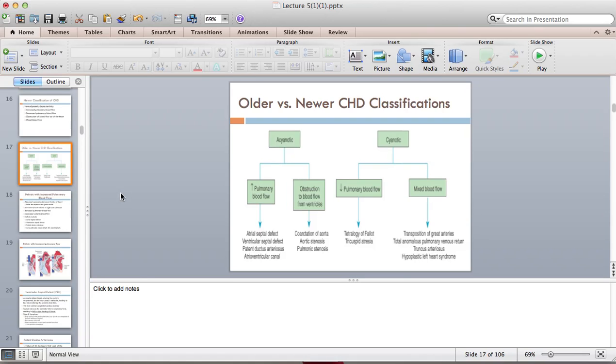So these two conditions, these are the newer ones, which they referred to as acyanotic before, and that was because of that directional flow of the blood, they reclassified it.